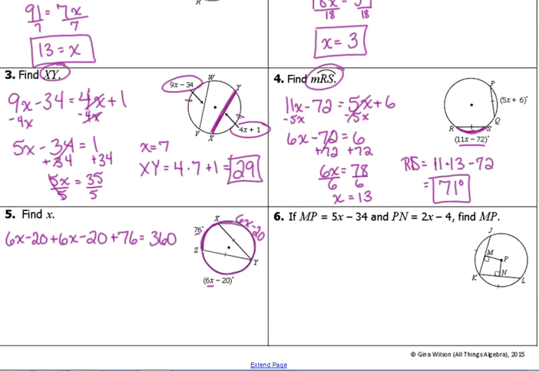So 6x minus 20 plus 6x minus 20 plus 76 equals 360. We have two variables on the same side, so we combine them. 6x plus 6x is 12x. Negative 20 minus 20 is negative 40 plus 76 is 36.